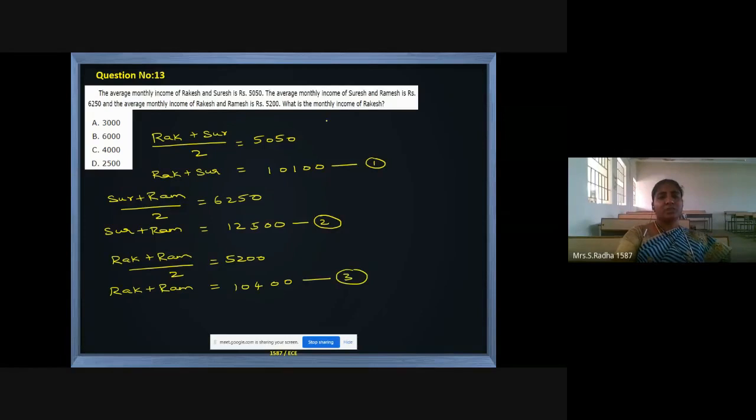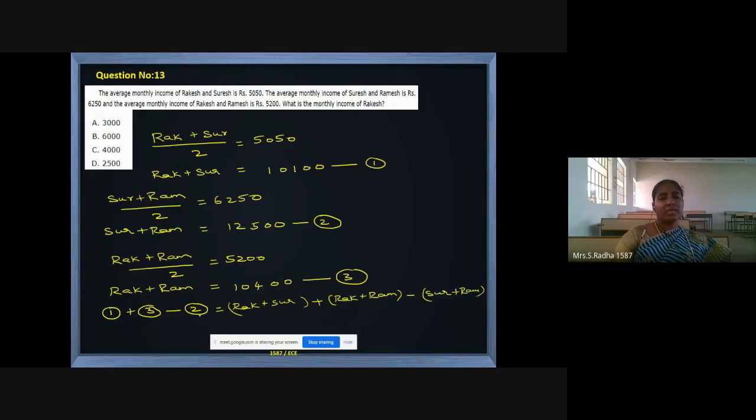What are we supposed to find? The monthly income of Rakesh. What we can do here is equation 1 plus 3 minus 2. Equation 1 is Rakesh plus Suresh, equation 3 is Rakesh plus Ramesh, minus equation 2, which is Suresh plus Ramesh.